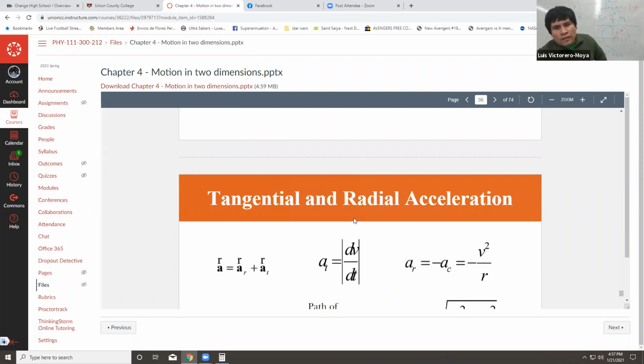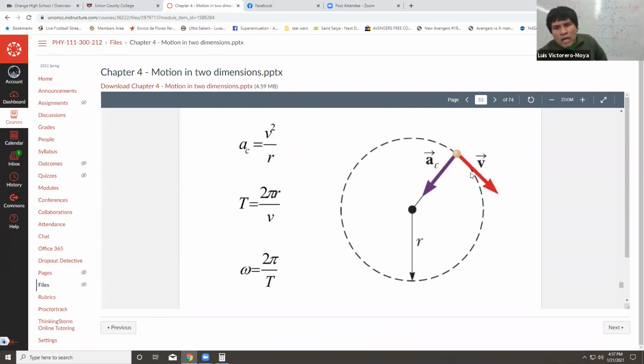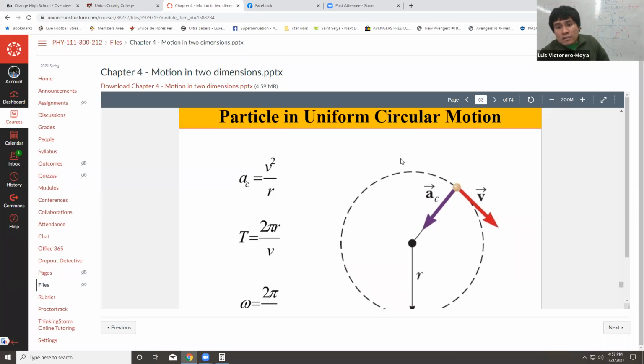As you have seen already, the velocity is always drawn tangent to the circumference. So the velocity and the centripetal acceleration make an angle of 90 degrees. But there is an acceleration that makes this V change. When we're not talking about constant or uniform circular motion, this V changes.